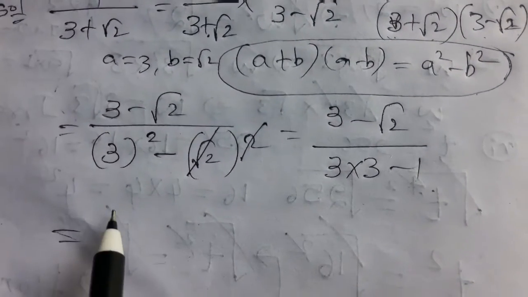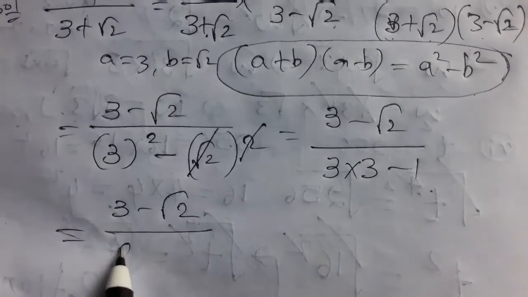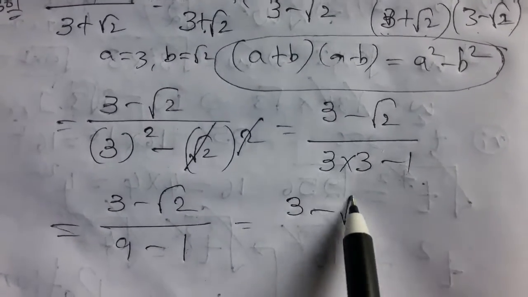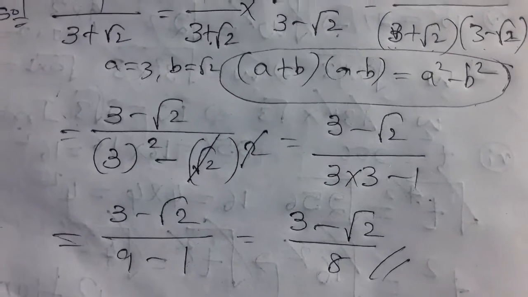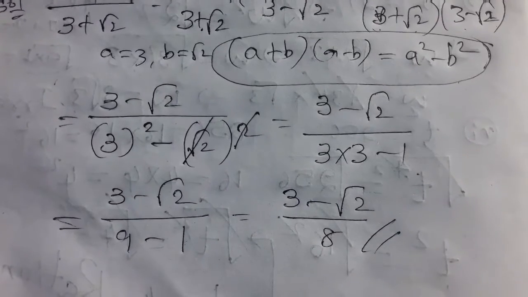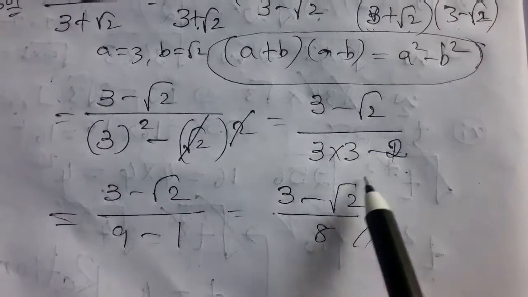Now this can be written as 3 minus root 2 by 9 minus 1, that is equals to 3 minus root 2 by 8 is the answer of the given question. Sorry, here I did a mistake. This is 2.